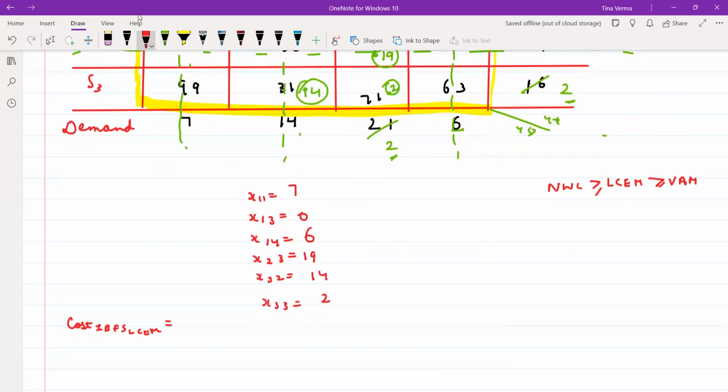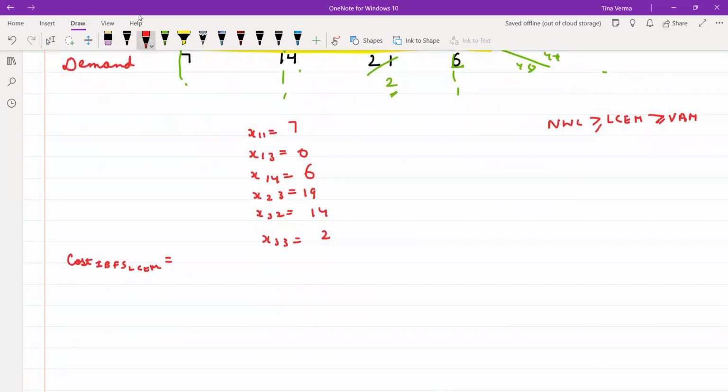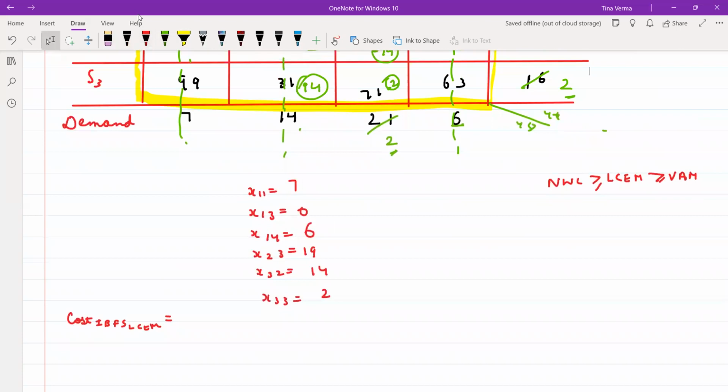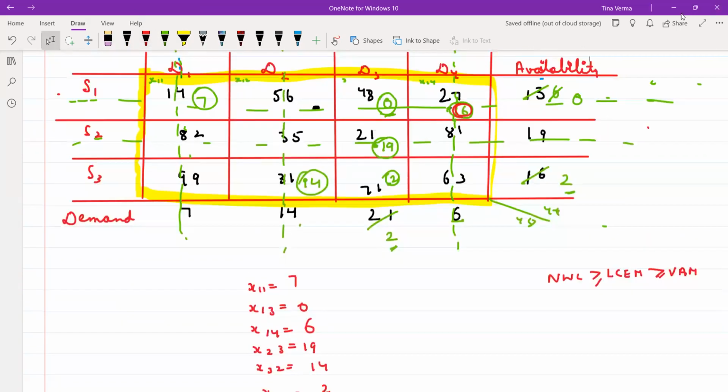Is it clear? Yes or no? So the same you can calculate your cost for multiplying with this, that you have 14 into 7 and the values with the cost.